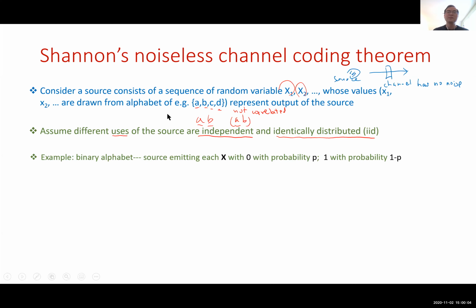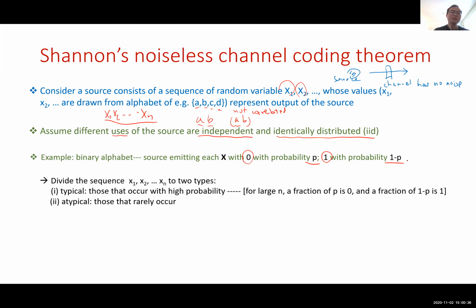And just as an illustrative example, we're going to consider binary, so just 0 and 1, right? So the source may be emitting a sequence of x1, x2, up to xn, assuming it's binary, 0 or 1, and 0 appears with probability p, 1 with probability 1 minus p.